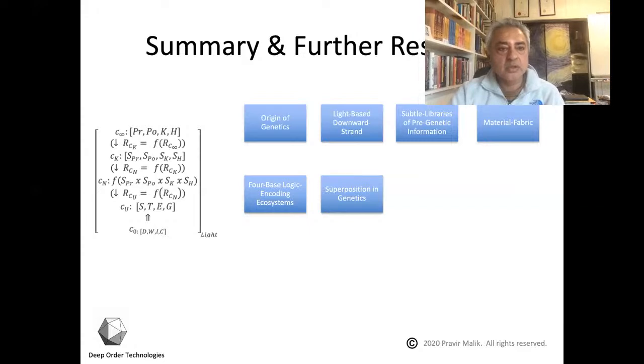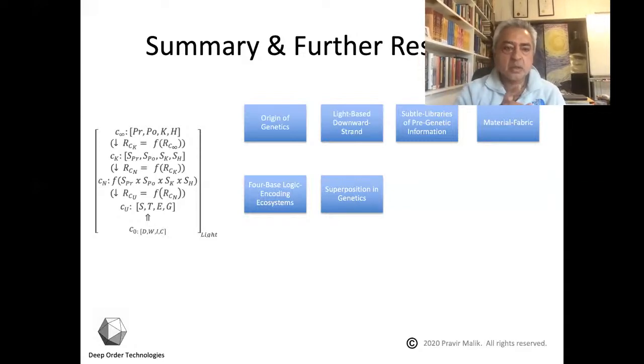This also introduces us to the notion of superposition in genetics, because what we're seeing is that as something shows itself at the material layer, and particularly in DNA, it has yet its counterpart that exists in superposed form in more subtle layers of light. And in this point of view, this becomes the notion of superposition in genetics.